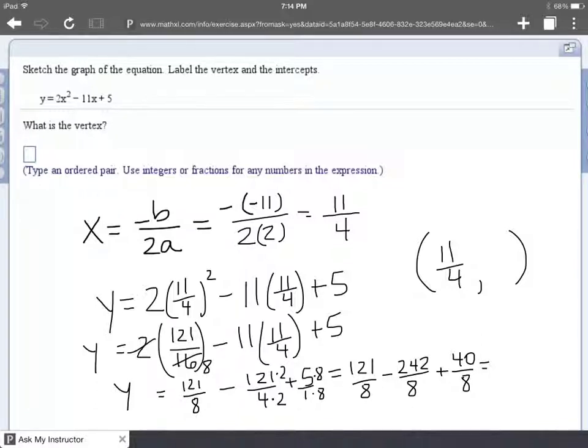So when we combine all this, 121 minus 242 gives us a negative 121. And then we're going to add to that 40. And that's going to give us a negative 81 over 8. And that's what our y coordinate is. And now you have your vertex.